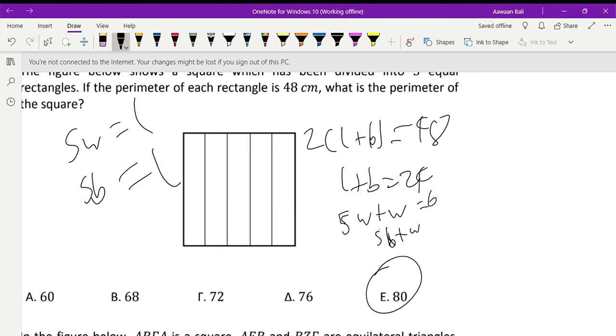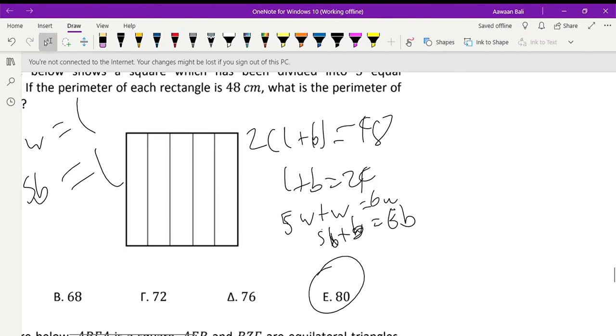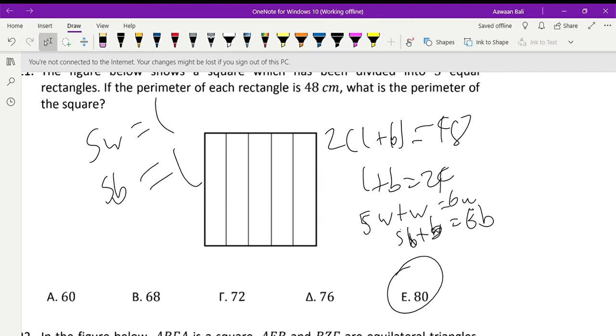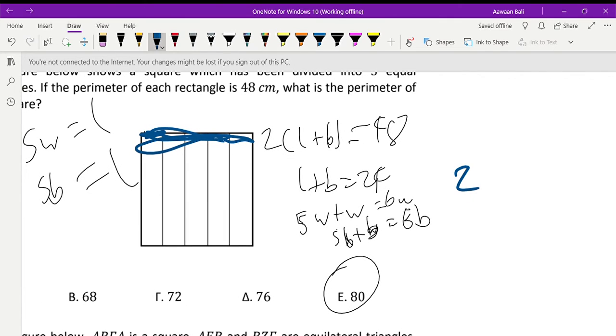It's 6 widths or 6 breadths. Either way you say it, 24 divided by 6 is 4. So your width or breadth is 4. Now, since we know that's 4, 4 times 5 is 20, which means the whole side is 20. So the perimeter of the square, since the perimeter of a square is 4a, so we substitute the side. 4 times 20 is 80. Therefore, the answer is eta, 80.